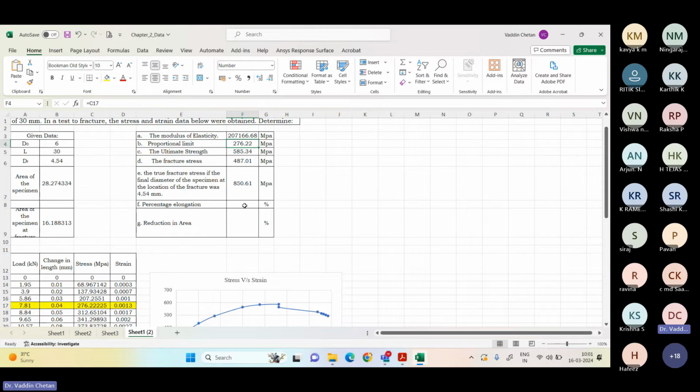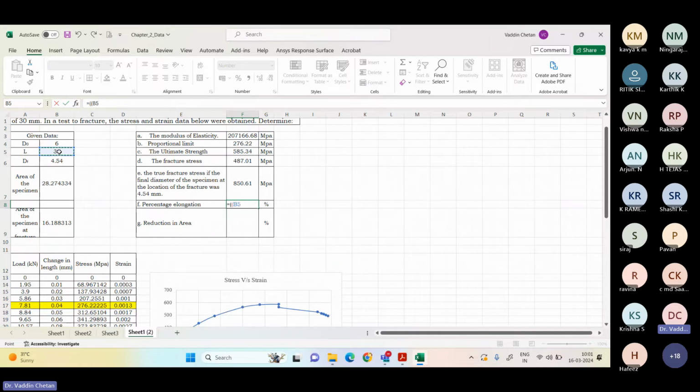So the only thing which is left is percentage elongation and reduction in area. Right? So percentage elongation is final length minus initial length, to the initial.